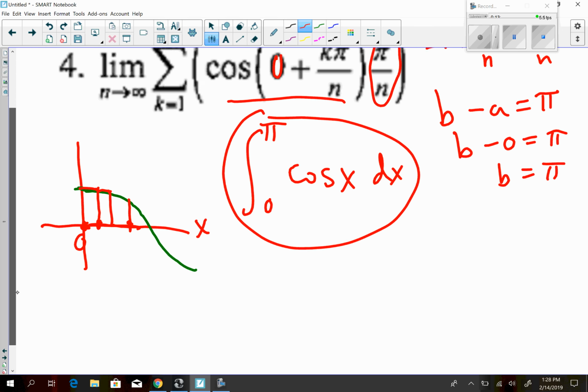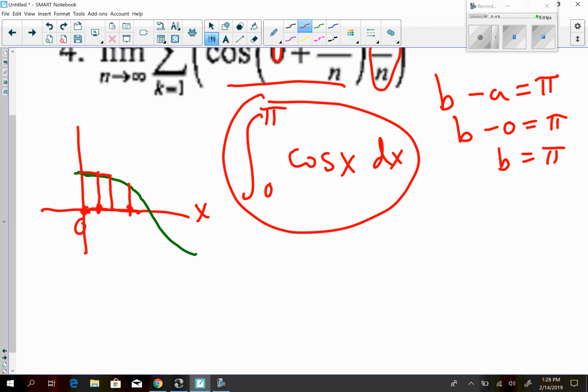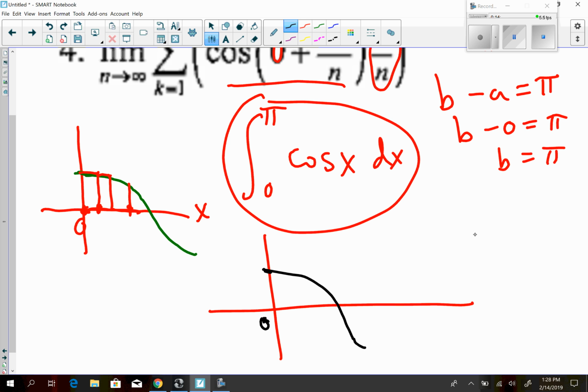If we work backwards, we'll see why this is right. The thing in the red circle is the answer, because cosine x looks like this. If we start at 0 and go to pi, these are all the rectangles.